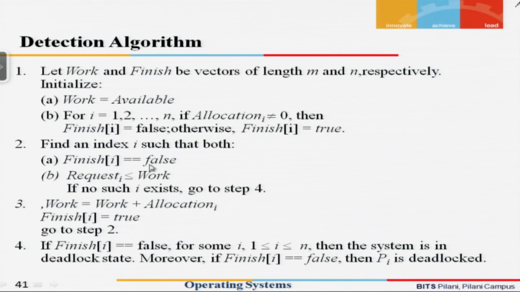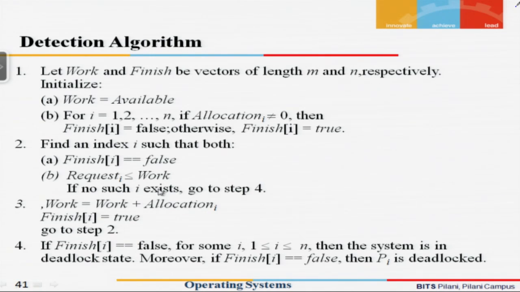Then the rest of the approach is going to be the same as the previous case. We check and find an index i such that finish[i] is equal to false. This algorithm is more or less similar to our safety algorithm. So we say that finish[i] is equal to false and request[i] is less than or equal to work, so the request by process i can be met by the availability.